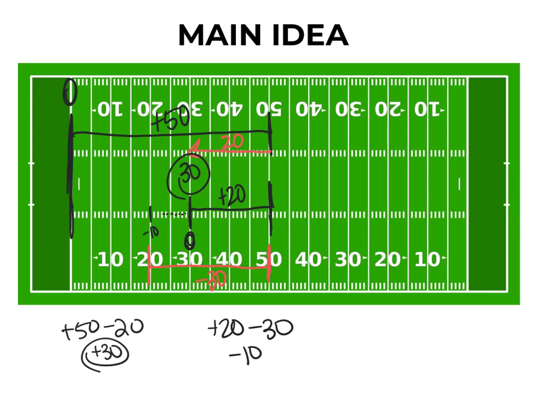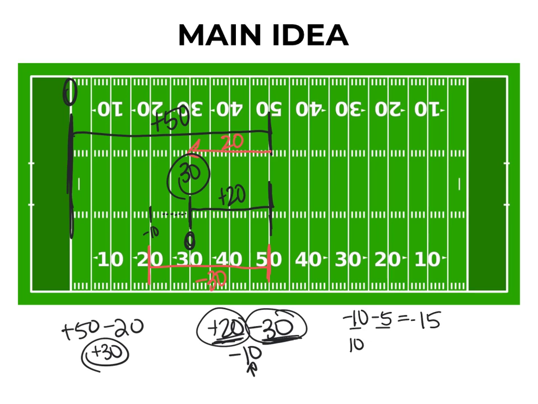When we look at these as just numbers, because we're not always going to have a football field in front of us, my signs are different. When I combine them, I subtract and keep the sign of the bigger number because I lost more than I gained. So when the signs are the same, like negative 10 and negative 5, we add both of those values because they're both negative and keep the negative sign.